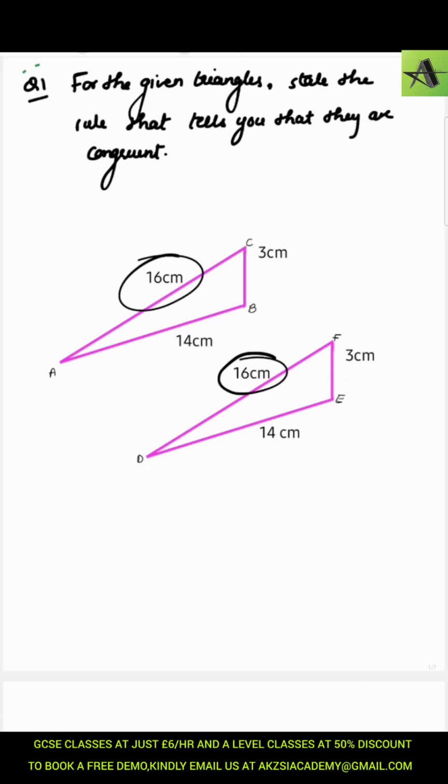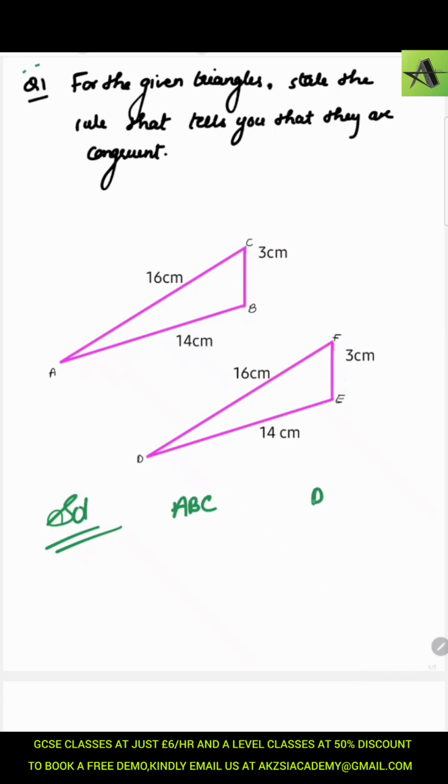So simple. When you are writing it in the exam, you're supposed to compare the triangles. In the solution, I would write: on comparing triangle ABC and triangle DEF, AB equals DE, the corresponding sides are equal, and this is 14 centimeters.